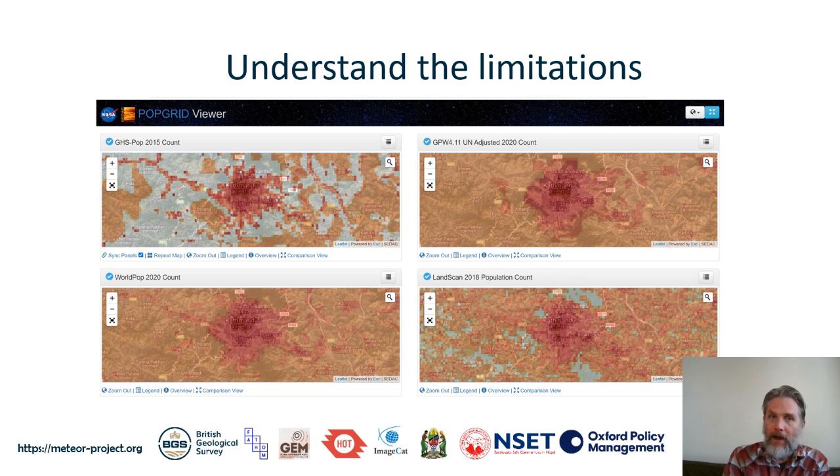How much does that vary on a cell by cell level? You can do the statistics and it might vary by as much as 200%. So understanding the base data, what the potential problems are that might be associated with base data, is the best way to understand the limitations of the decisions that you're trying to make.